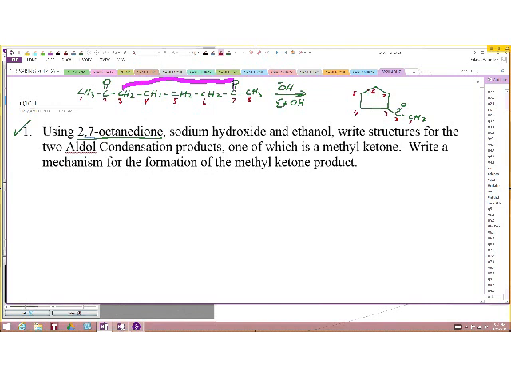So if that is the case, where do you expect the double bond to be? Between 3 and 7. The double bond has to be conjugated to the carbonyl.